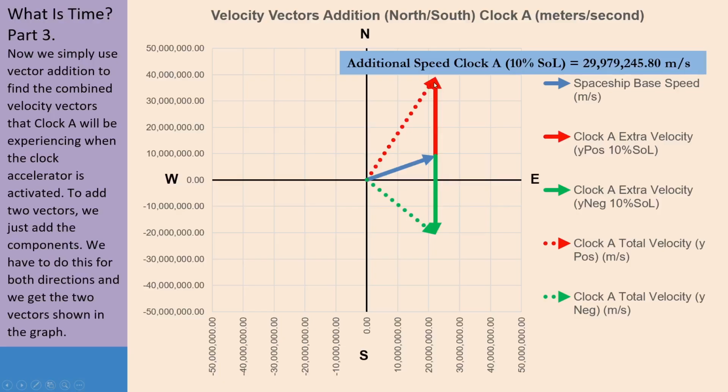We have the north velocity vector and the south additional velocity vector. And we add those to the base velocity vector of the spaceship, which is this blue velocity vector. And we come up with two new vectors, the totals for the blue and the green, and the total for the blue and the red, right there. And we don't know what they are yet, but we will see how we can use those in the next slide.